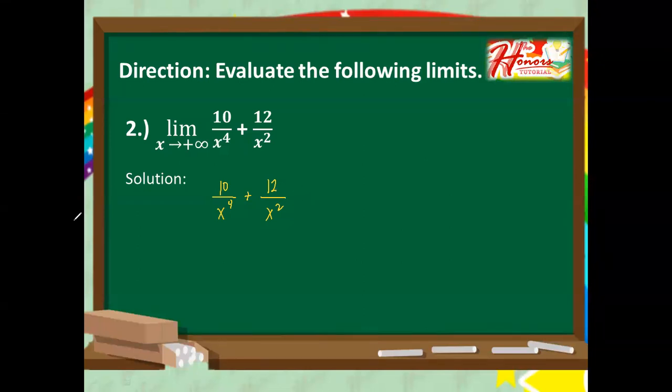So this is what will happen. Now we can divide this by the highest exponent that we have here. So we have x raised to 4 over x raised to 4. But later, I will show you the other way to solve number 2. Okay? So now, how are we going to solve for this?